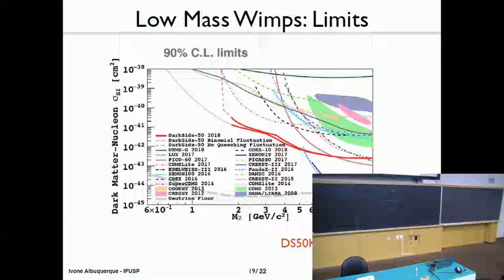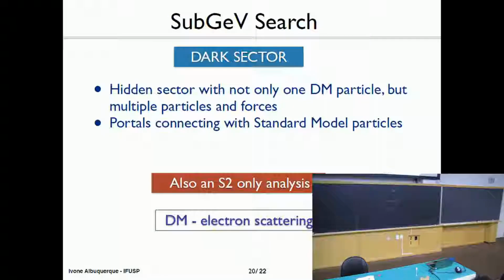So our results would be anything between these 2 lines, and although DarkSide is a very small detector compared to the others, we reached the best limit for this mass region, and I think mainly because we could do an analysis that really profited from some interesting points, like the getter being off and so on.